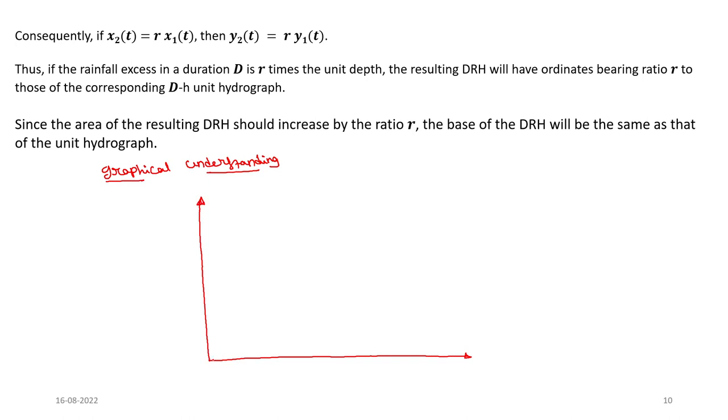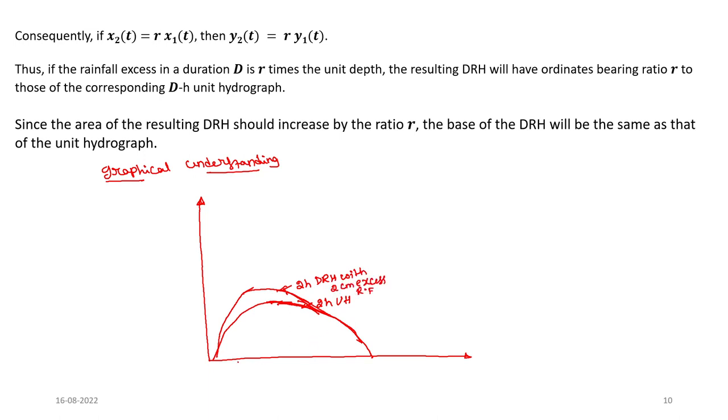So what they have given is the 2-hour UH. Now this UH has 1 centimeter excess rainfall. The very first step is to calculate the 2-hour DRH with 2 centimeter excess rainfall.